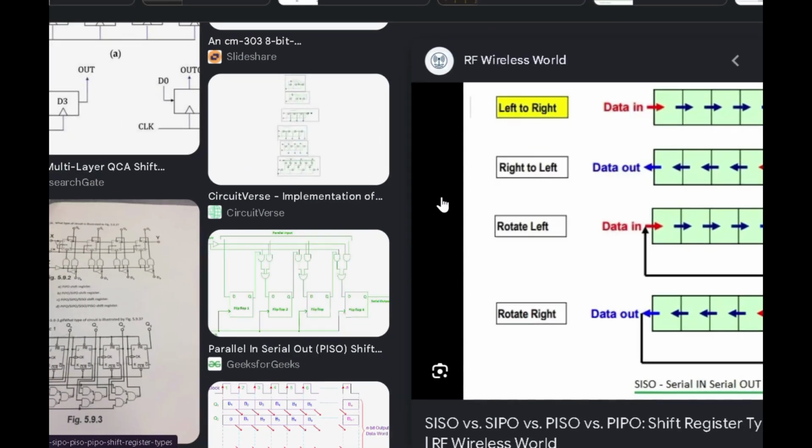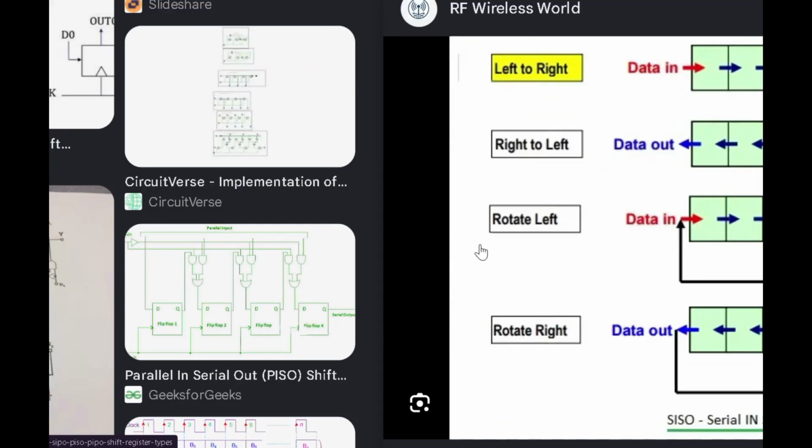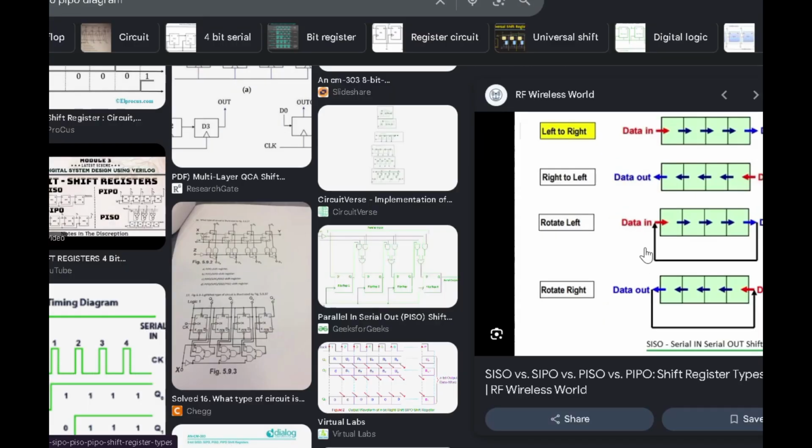I read it in a different way. Okay, look at the diagram.